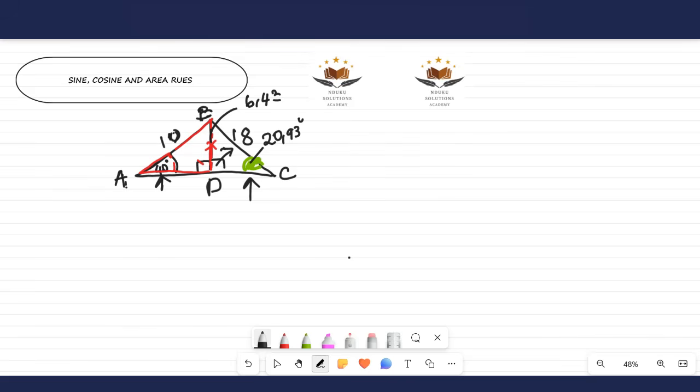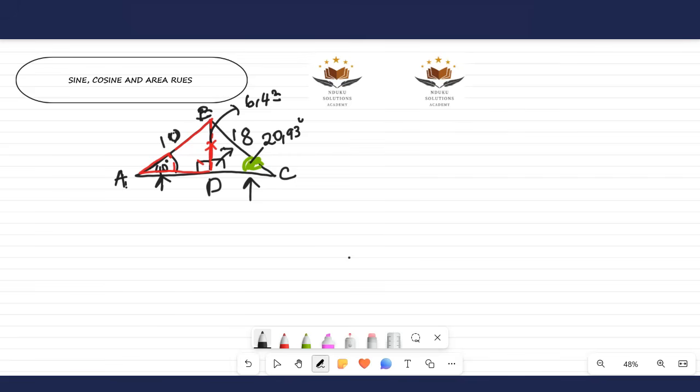And then let's say on the same problem, remember we got our BD as 6,43 and our angle C as 20,93 from the previous questions.